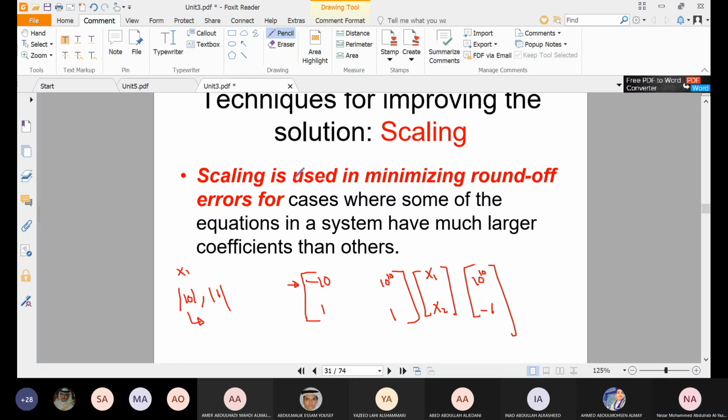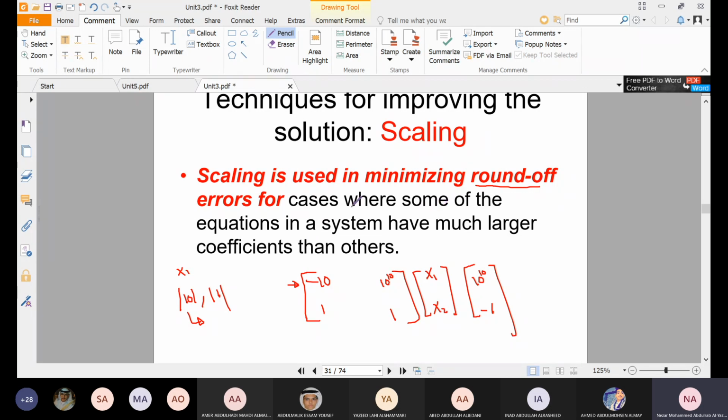So in this case, by using partial pivoting, elimination, we will select this one, to minimize the errors that can be caused by round-off errors, because if we scale this equation, this will be around 0.